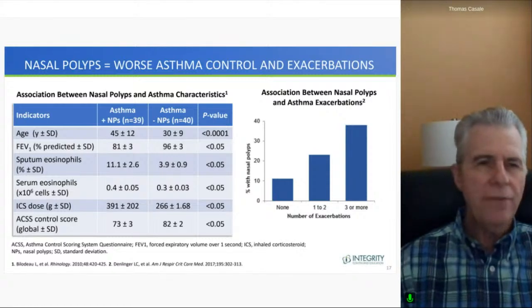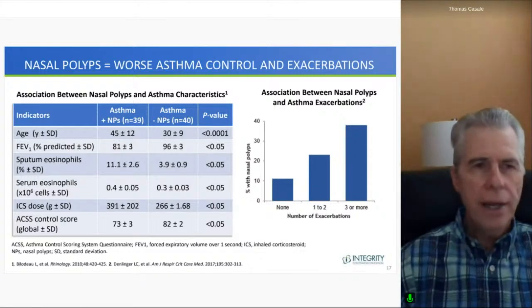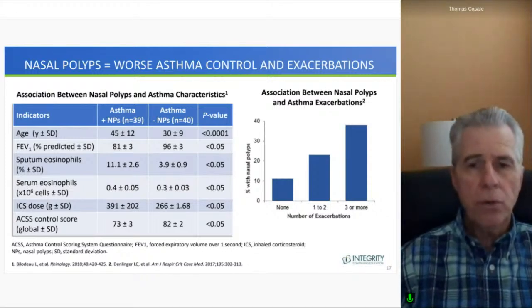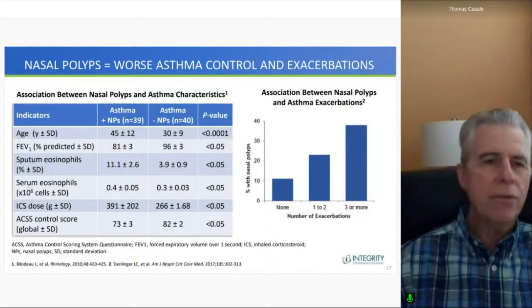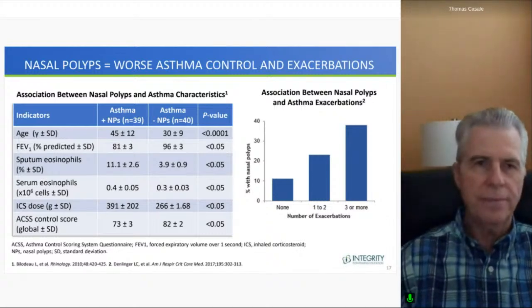They tend to have an eosinophilic picture manifested by either an increase of sputum or serum eosinophils or both. They tend to require higher doses of inhaled corticosteroid, but have worse control of their asthma and require more corticosteroid bursts with increased exacerbations.